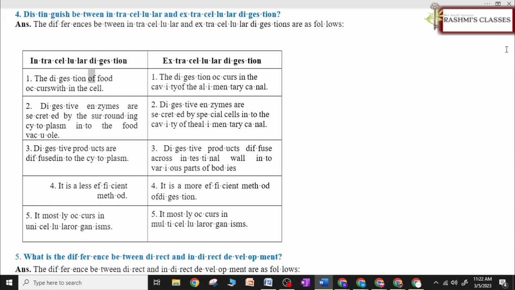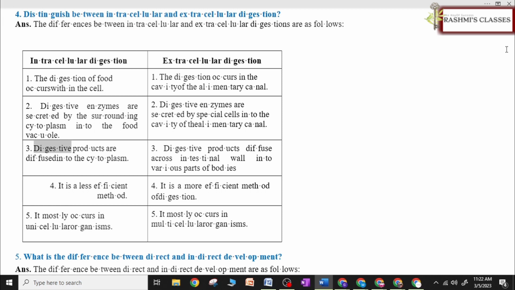The digestion of food occurs within the cell. Extracellular digestion: 1. The digestion occurs in the cavity of the alimentary canal. Intracellular: 2. Digestive enzymes are secreted by the surrounding cytoplasm into the food vacuole. Extracellular: 2. Digestive enzymes are secreted by special cells into the cavity of the alimentary canal.